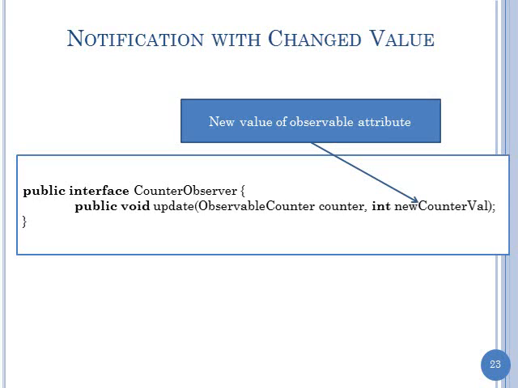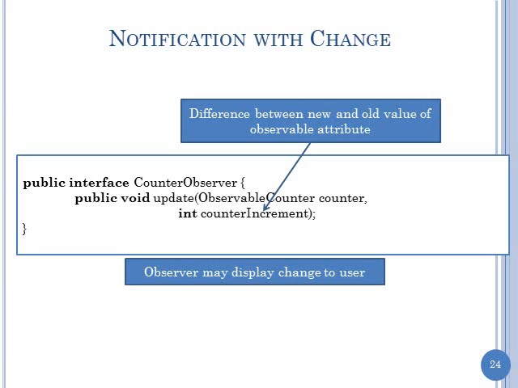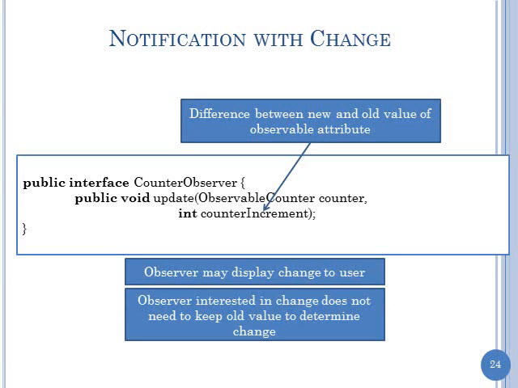Sometimes you want to know by how much it changed. So rather than sending the counter value, you could send the difference, some delta, something that describes the difference between what the old state was and the new state was. So you can take that diff and just apply that to your view rather than recompute the whole view.